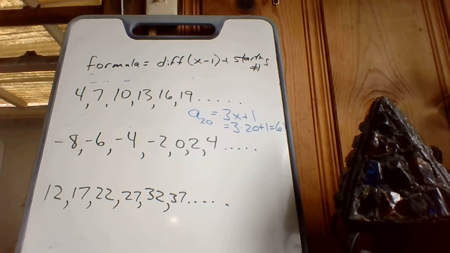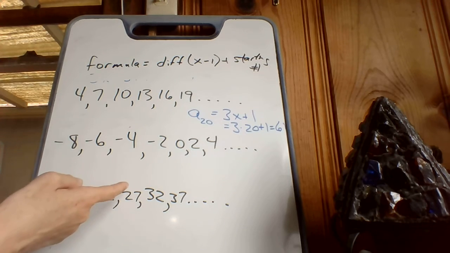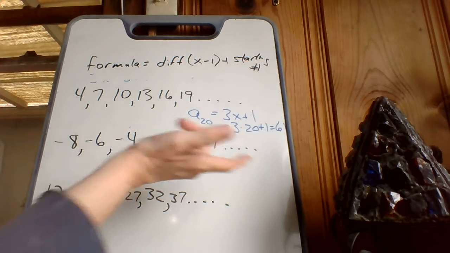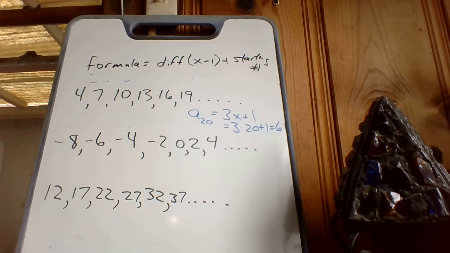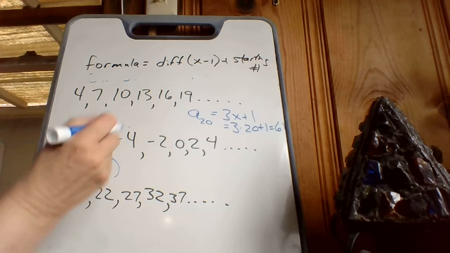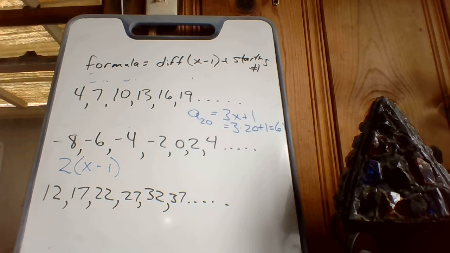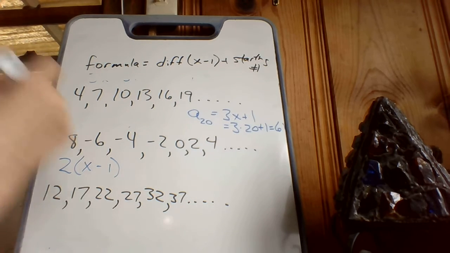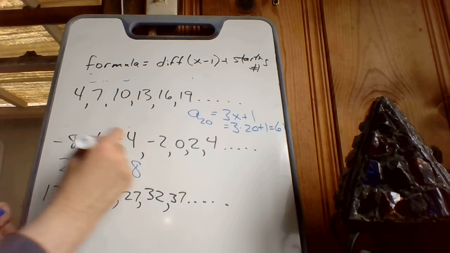Okay, my adding number. Looks like it's going up by 2 every time. Because negative 8 plus 2, that's negative 6. 0 plus 2, that's 2. 2 plus 2, that's 4. Okay, so I know I got a 2, and then I write down x minus 1. I always just write down x minus 1. That part doesn't change. And my starting number is negative 8.